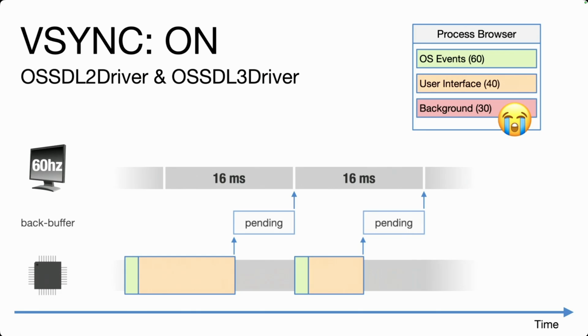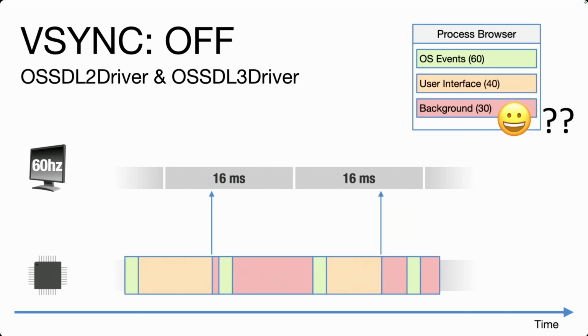When you turn vertical sync off, this is much better for the background process, because you will see screen tearing, but the background process has time to execute.